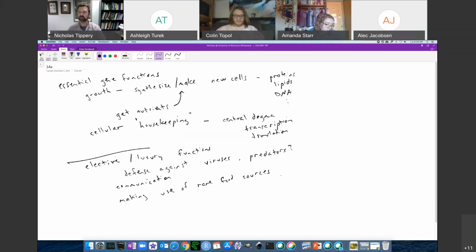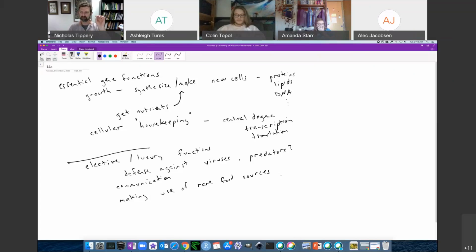A lot of bacteria are equipped to make use of different molecules they find in their environment. In the research study, the researchers are providing them with just straight up sugar and protein amino acid building blocks. They don't have to get those for themselves, but a bacteria in the environment might need to make use of rare things, molecules that it finds.